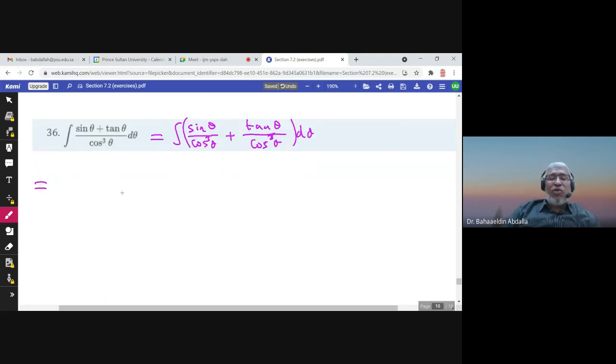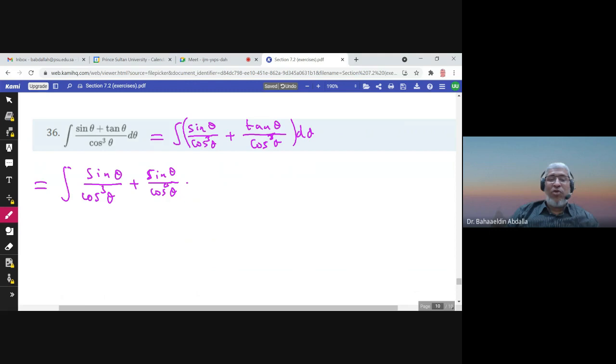Well, sine over cosine cube, I cannot do a lot here, so I'll just leave it for now. But here tan, I can write as sine over cosine, and I already have 1 over cosine cube in the denominator.